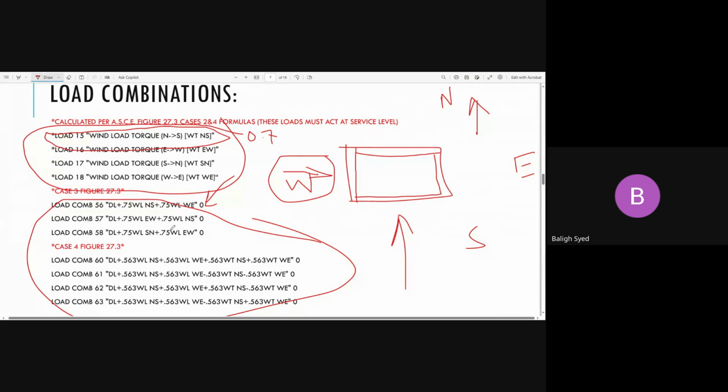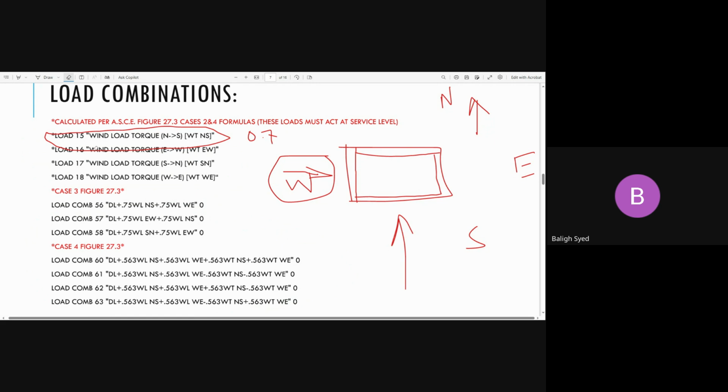So what is AC 716 saying, case 3, look at this. 0.75 wind load, north south direction. This includes the windward and leeward total pressure times 0.75, plus 0.75 from the other direction, which is the perpendicular direction. Makes sense what I'm saying?